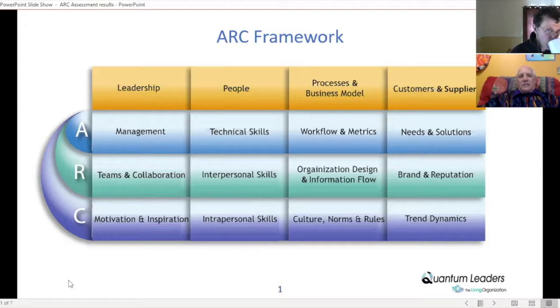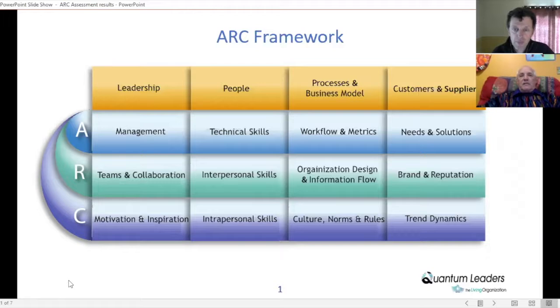The technical skills would be their activity maturity, their interpersonal skills, how they relate to each other, how they communicate, how they interface, would relate to the relationship field of the ARC framework. And of course, their sense of purpose, the sense of meaning, the sense of identity, who they are, how they identify themselves, what's important to them, their core beliefs would relate to their context.